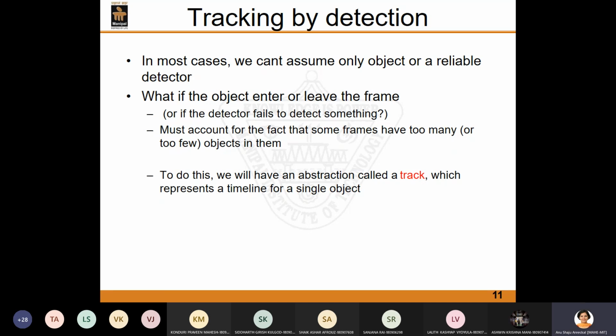Now, in most cases, we can't assume only one object or a reliable detector. In some cases, there may be a chance where the object enters or leaves the frame.